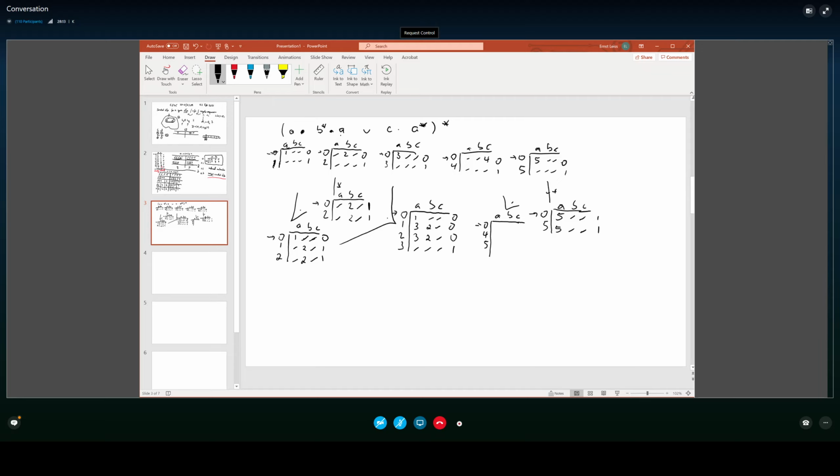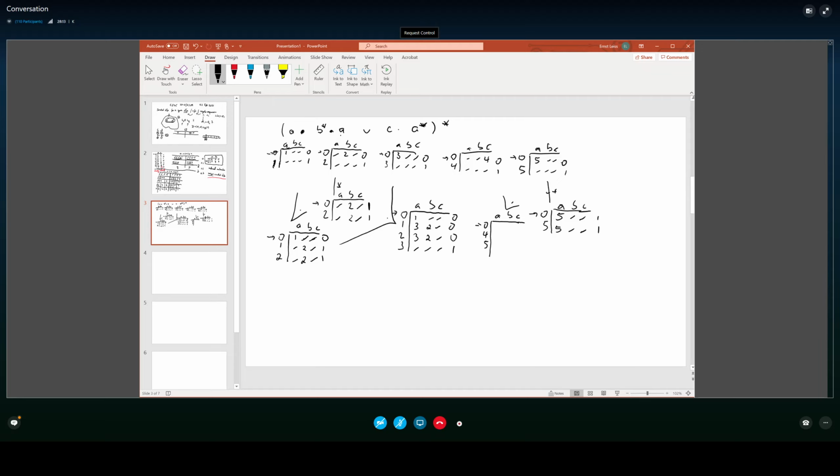The empty set of states is always rejecting. It doesn't contain any state, so in particular it doesn't contain any final state. 4 is accepting, 3 is accepting, 2 is rejecting, 1, 5 is accepting since 5 is accepting, and 1, 3, 5 is accepting. So this is now the corresponding deterministic finite automaton.